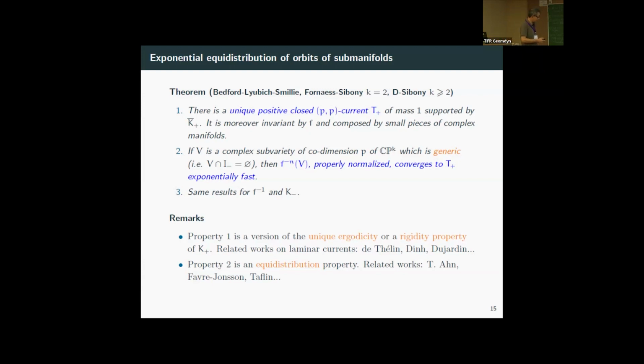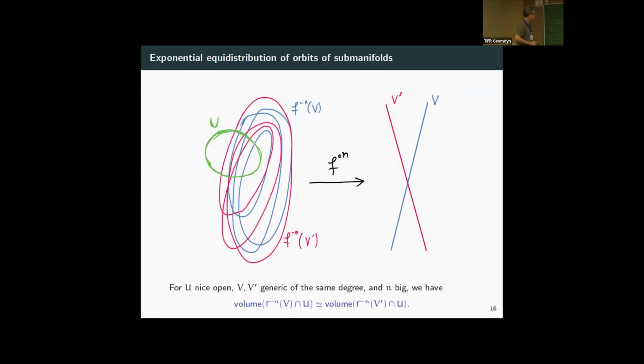If you don't like currents for the moment, let me show you some consequence which is easy to see. Assume that you take some generic subvarieties of the same degree for simplicity, for example linear subspaces V and V prime, and you choose a big N and pull them back by Fn.